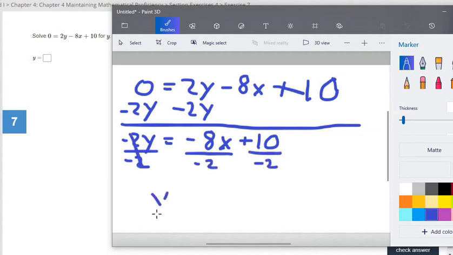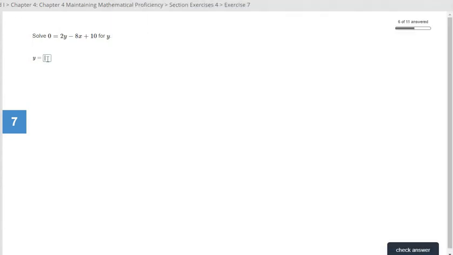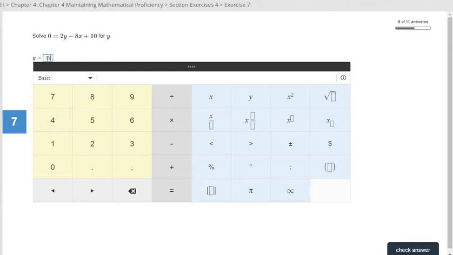So now these cancel out, leaving us y equals negative 8 divided by negative 2 is positive 4. Remember, a negative divided by a negative is a positive. So 4x. And here, positive divided by a negative will give us a negative, and negative 5. So 4x minus 5 is our answer. 4x minus 5.